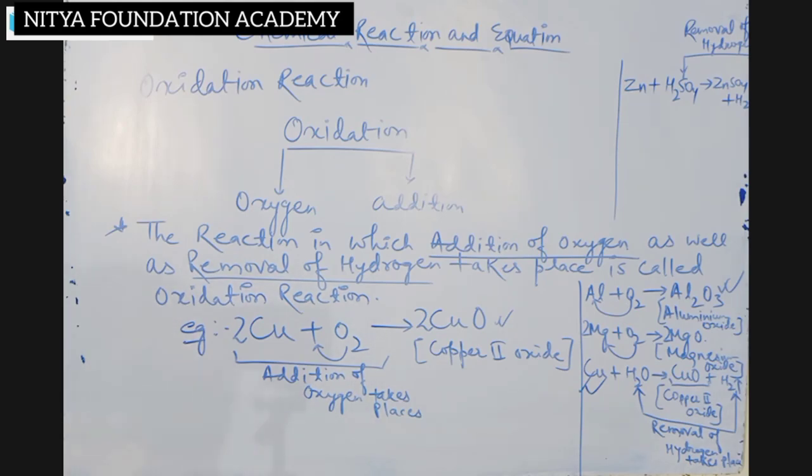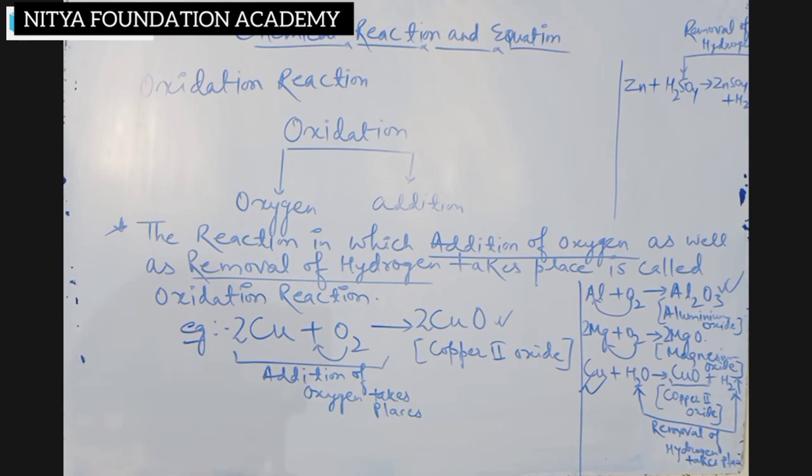Means when the removal of hydrogen takes place, there may be some situations in which the addition of oxygen also takes place at the same time. So when this situation happens, commonly we can say that it is an oxidation reaction.